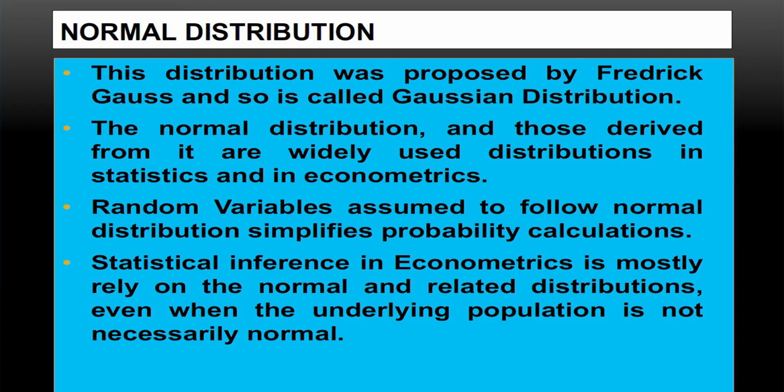Assuming that random variables defined over a population are normally distributed simplifies probability calculations. Statistical inference in econometrics mostly relies on the normal and other related distributions, even when the underlying population is not necessarily normal.